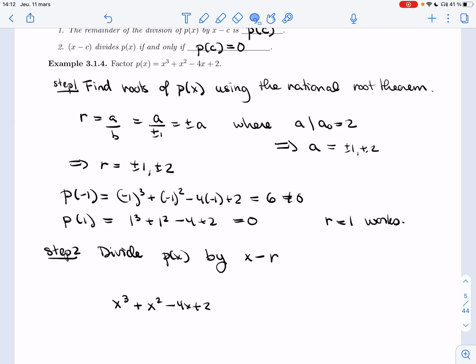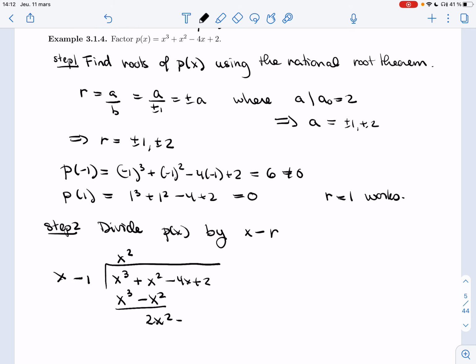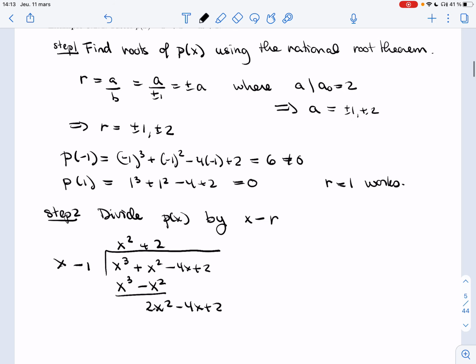All right, so this is what I'm trying to divide. I'm going to divide it by x minus 1. So x fits inside x cubed, x squared times. So I get x cubed minus x squared. That leaves me with 2x squared minus 4x plus 2. I'm going to fit x minus 1 2x times more, so I get 2x squared minus 2x.